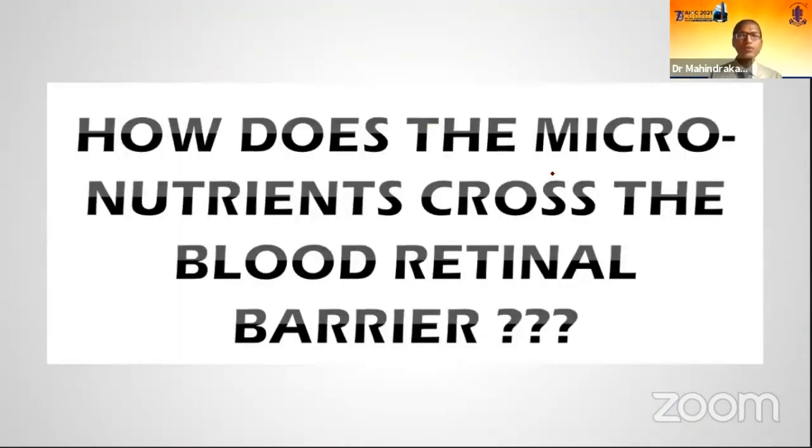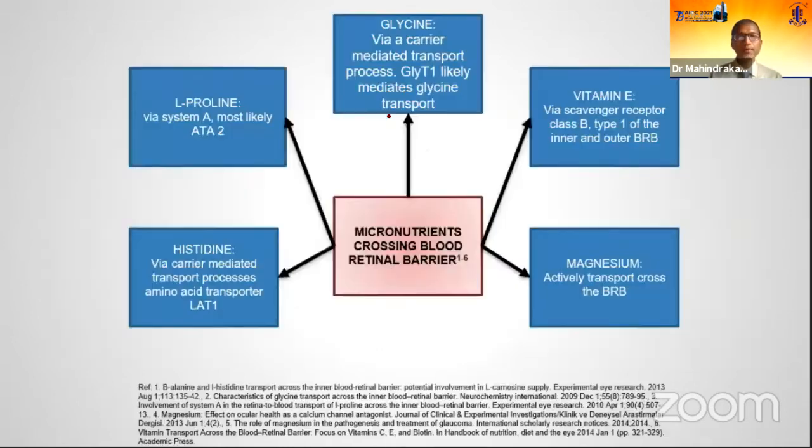So how do these micronutrients cross the blood retinal barrier? This is an obvious question. We have the blood retinal barrier, which will inhibit or stop other agents from going into the retina. However, studies have shown that micronutrients do cross the blood retinal barrier. Glycine is carried via carrier mediated transport; GlyT1 likely mediates glycine transport.